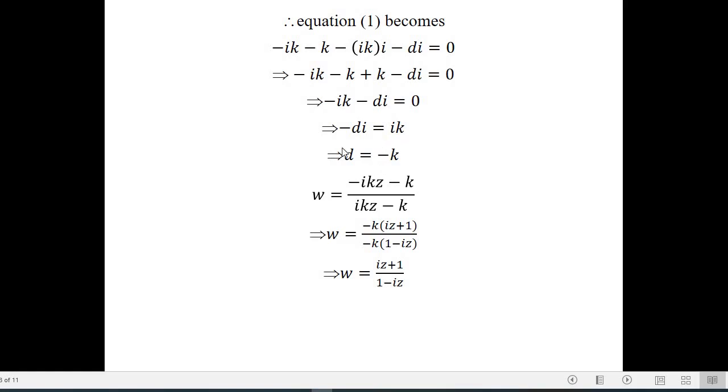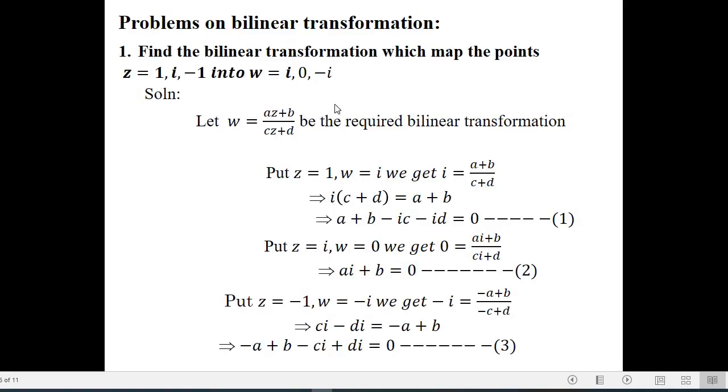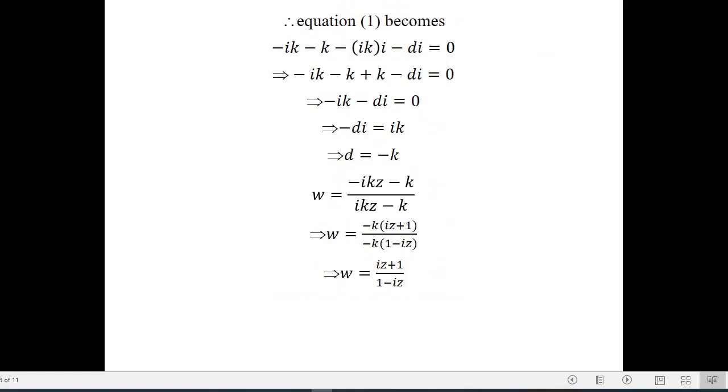Finally we substitute these values in the bilinear transformation. In the beginning you considered the bilinear transformation, that is w is equal to az plus b divided by cz plus d. In this bilinear transformation, I substitute the a, b, c and d that we obtained. If I substitute, we get minus ik into z minus k divided by ik into z minus k.